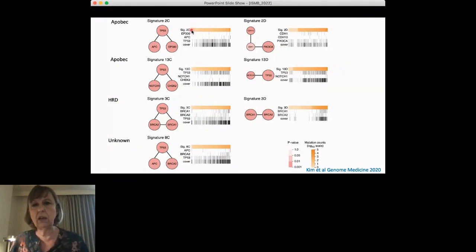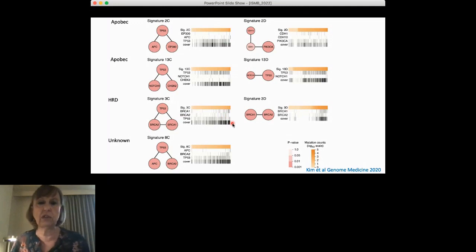Here we have all the patients sorted with respect to the strength of the mutational signature in all these orange bars, and below, to the left, are the subnetworks that we found being associated with a given signature, and the bars show in which patients a given gene is mutated.